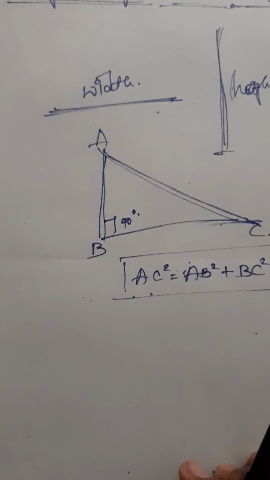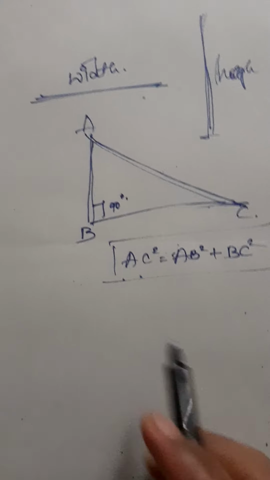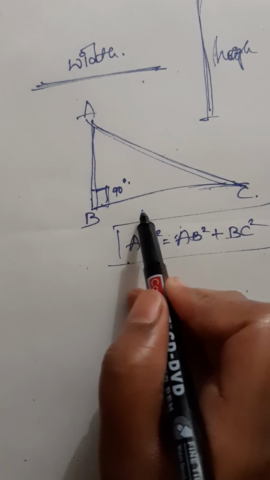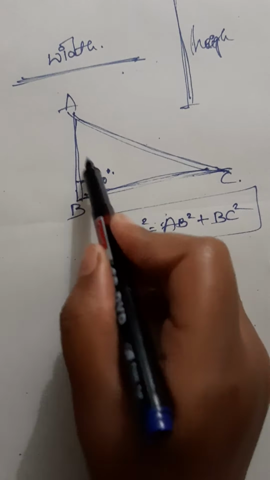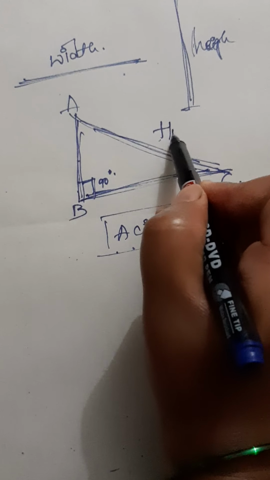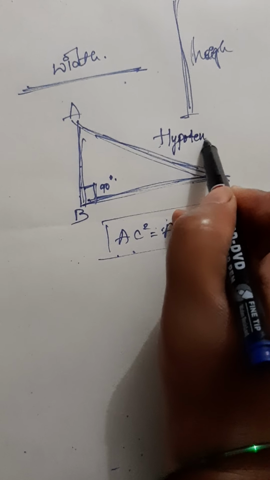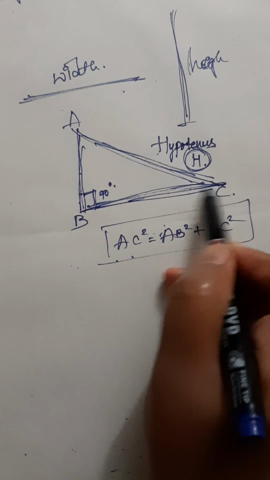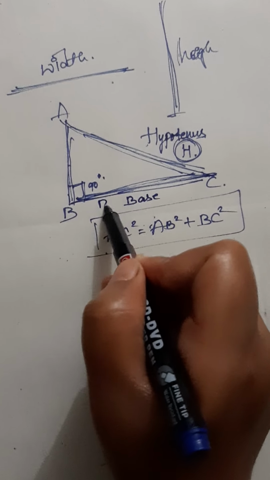Pythagoras theorem. This is a right angle triangle, and the angle should be 90 degrees. For this we call it the Pythagoras theorem. In this, the side opposite to the right angle we call the hypotenuse, H. For the bottom side BC, we call it the base, B for base.